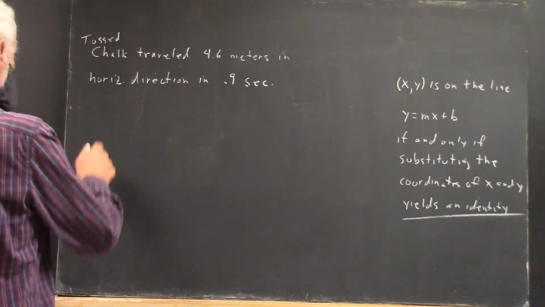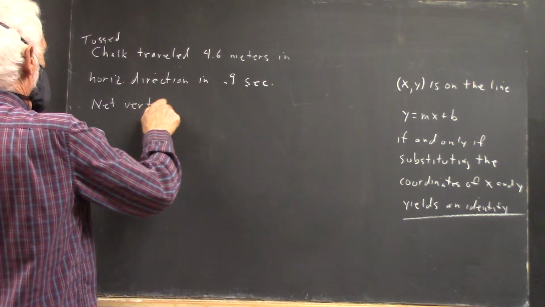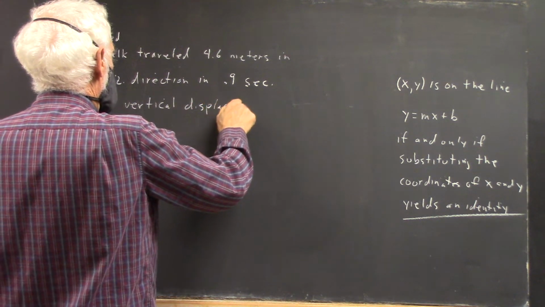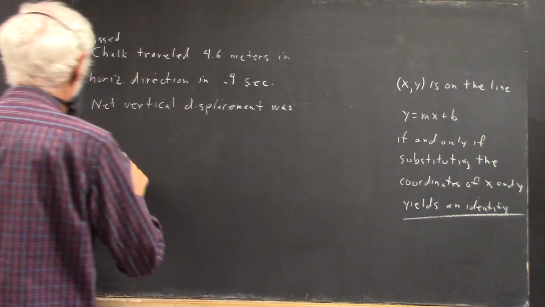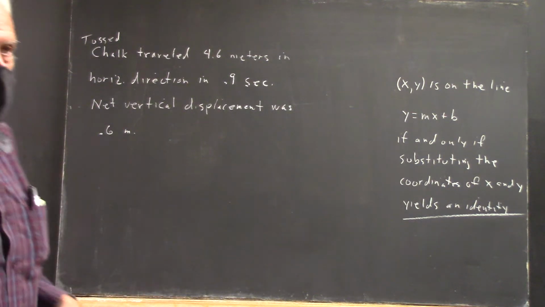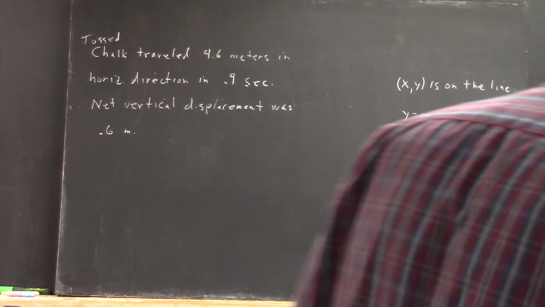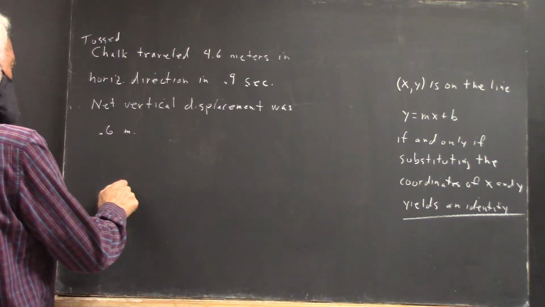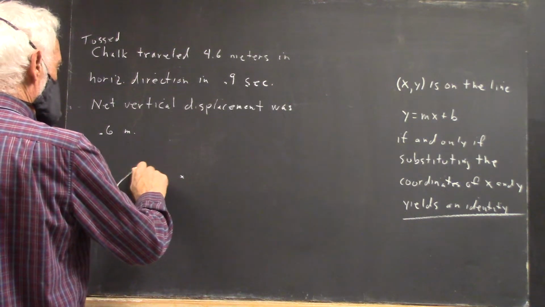So the net vertical displacement was 0.6 of a meter. So if you try to draw the path, it's like from here to a point here a little higher, and there's some kind of an arc here.